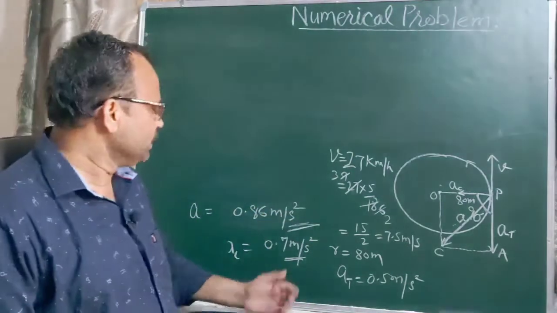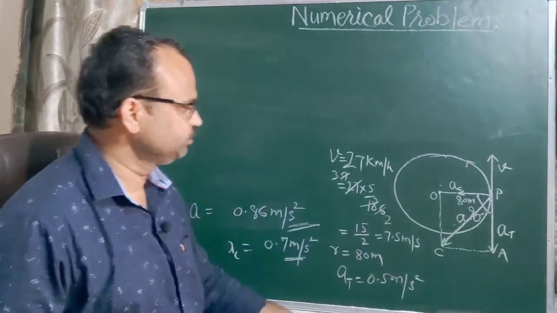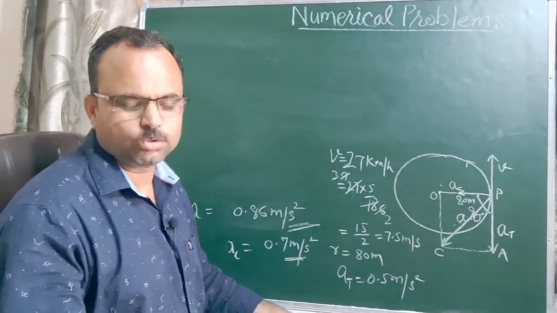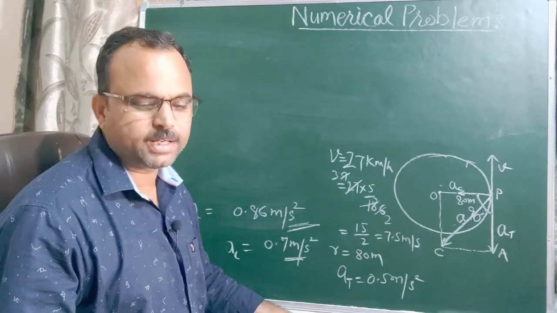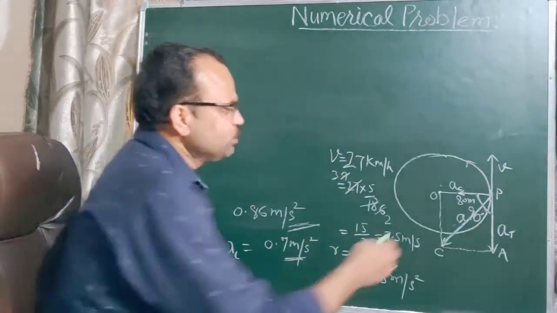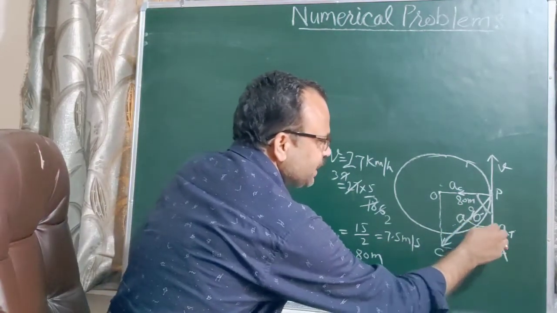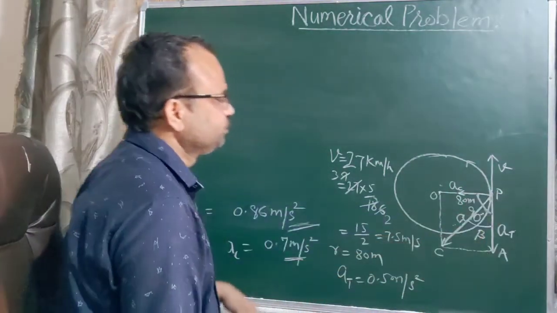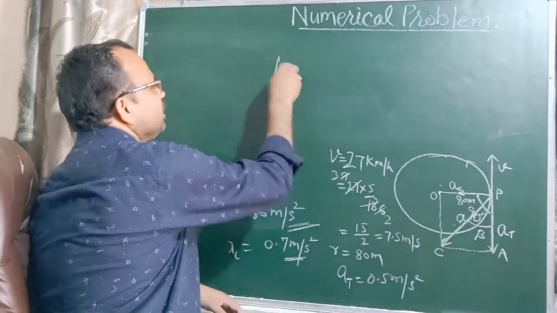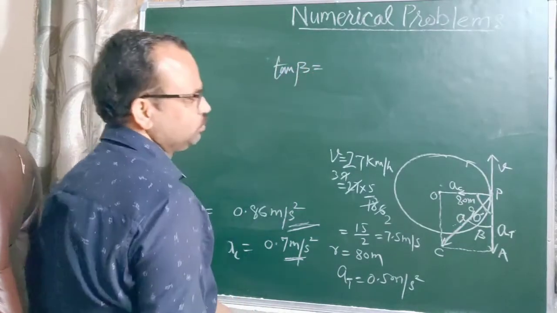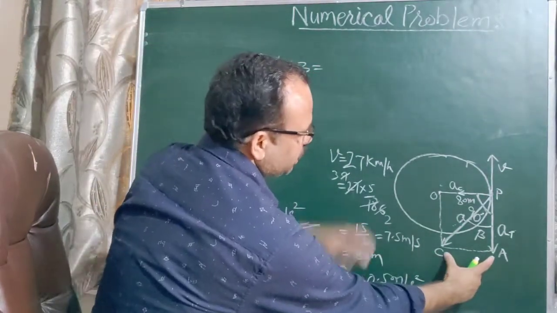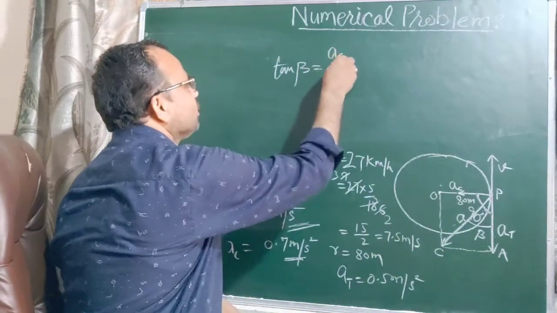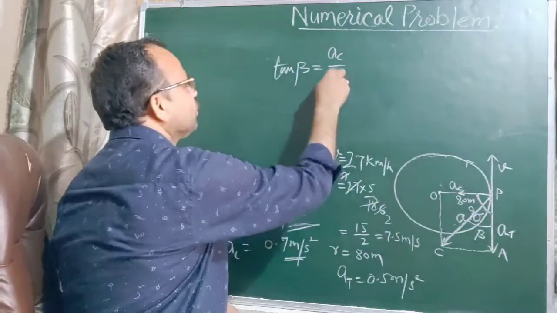Now we will get the value of the angle. According to the question, we have to find the direction of net acceleration. Suppose this net acceleration makes an angle beta with AT. So tan beta is equal to perpendicular upon base. This perpendicular is equal to AC, means AC upon base means AT.